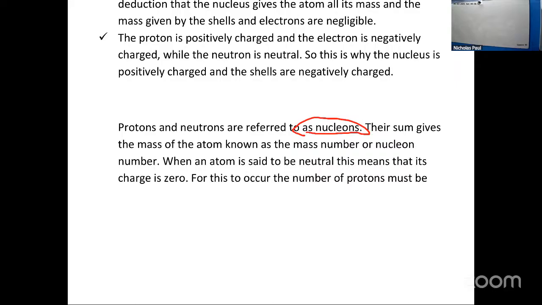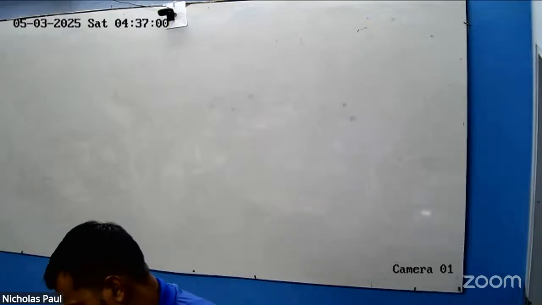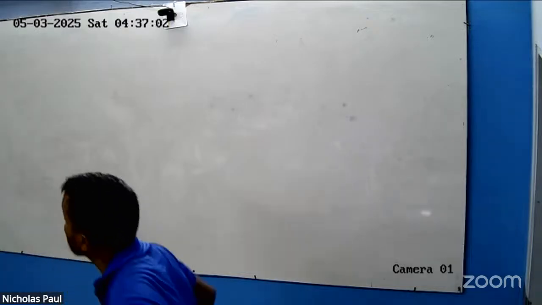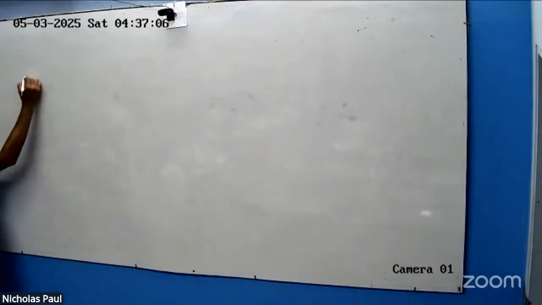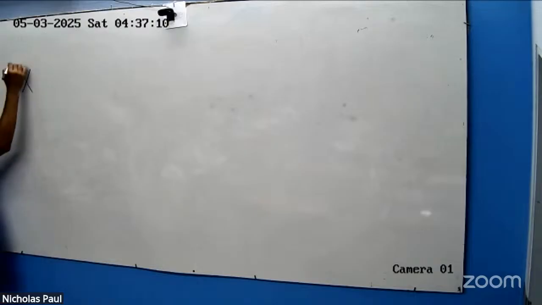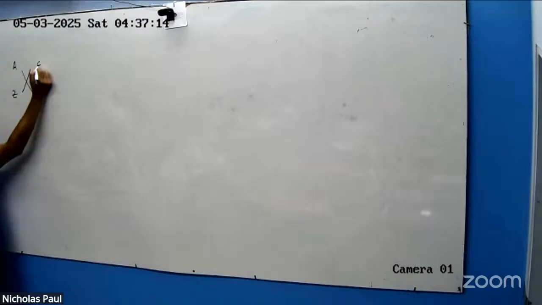All right, the next part I want to do is on code. You may or may not remember this stuff, but I'm going to go over it quickly. This is how to count code. They're going to give you a symbol, and then something here, and at times something here.